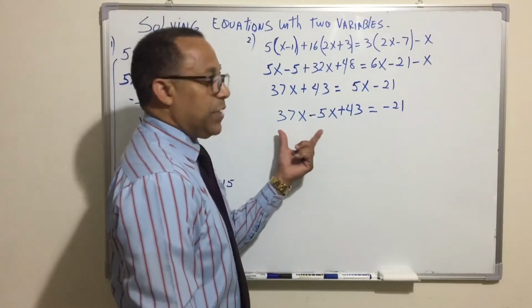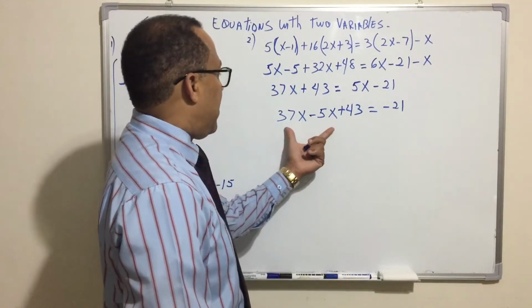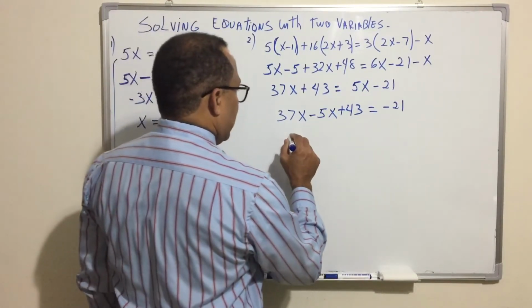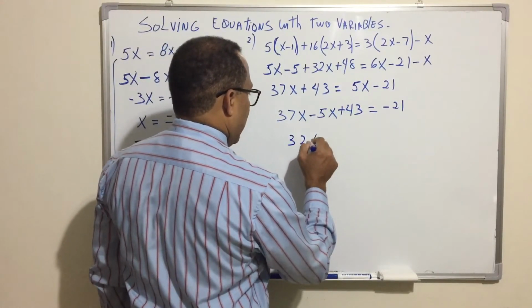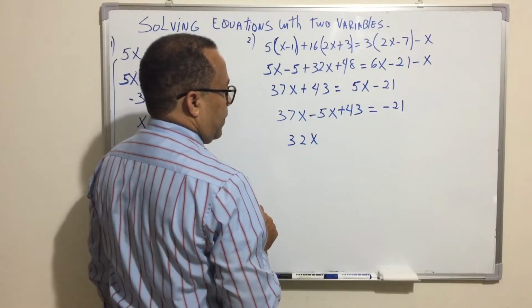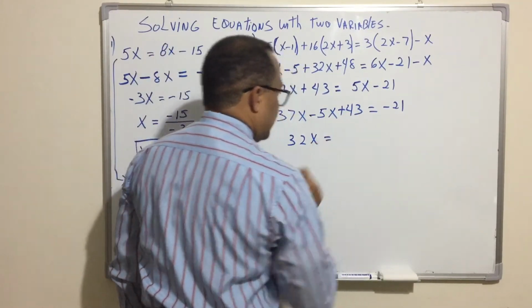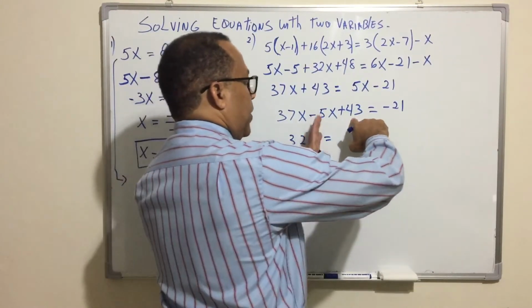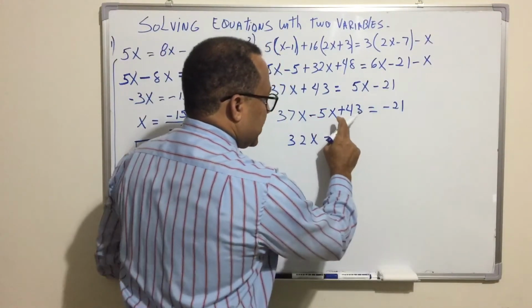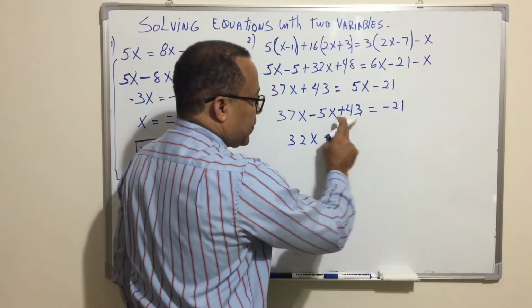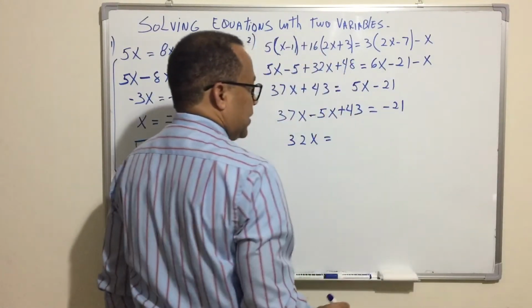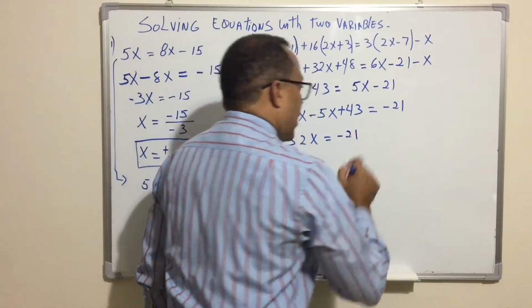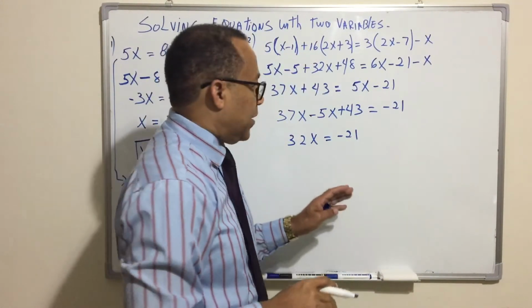Any like terms here? Yes. 37x minus 5x. If I subtract this, I'll get 32x equals. I'm going to move the positive 43 from the left to the right. It is adding, it has a positive sign, it goes negative to the other side. Equals, I'll bring down the negative 21, and this is important to understand.